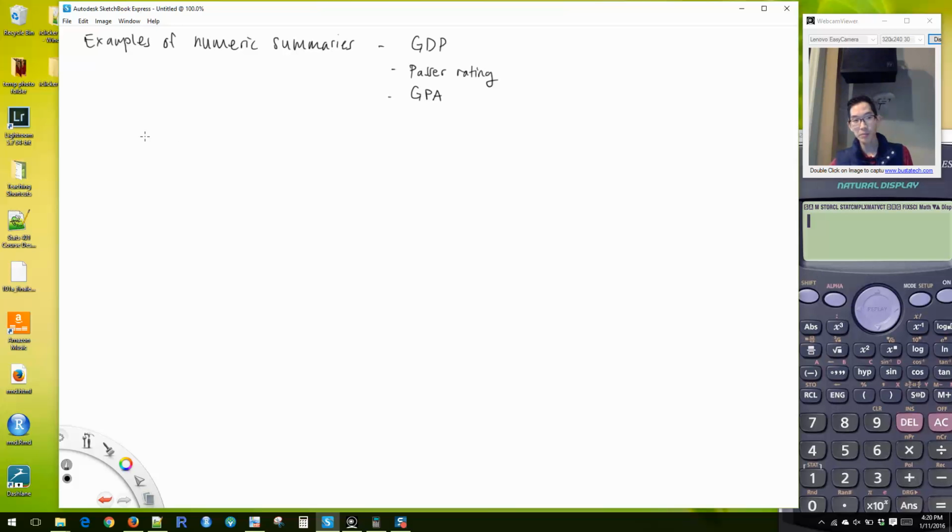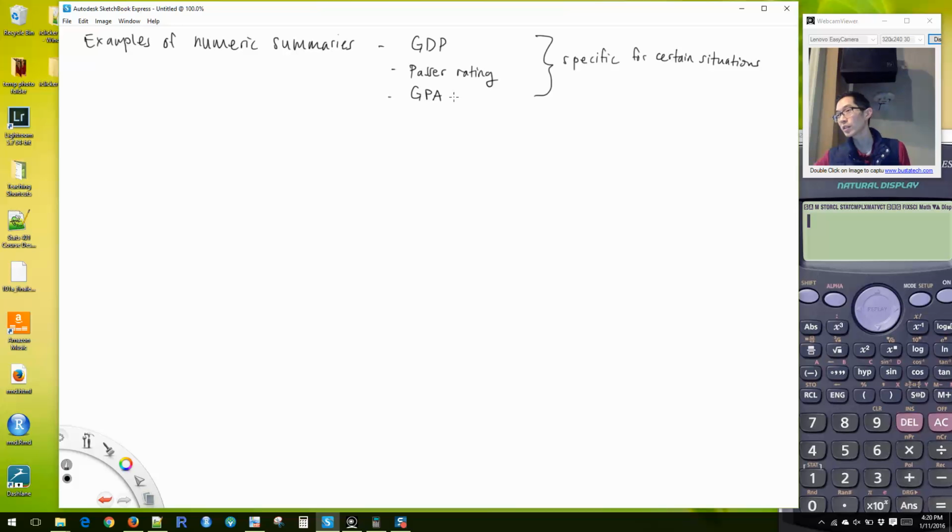So these are kind of specific for certain situations. Because we're used to the American GPA system, we have an intuitive sense of what a good GPA is and what a poor GPA is.